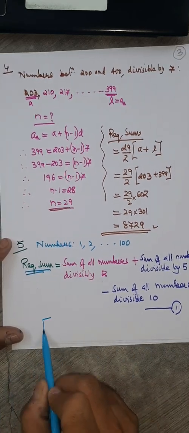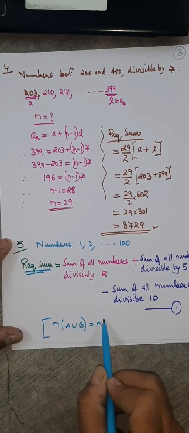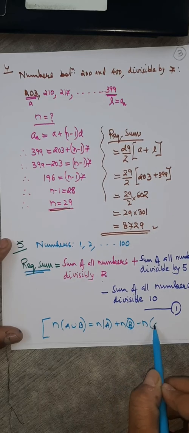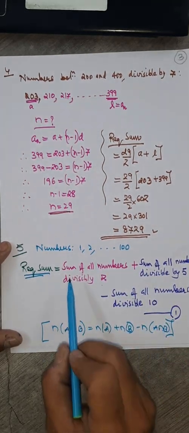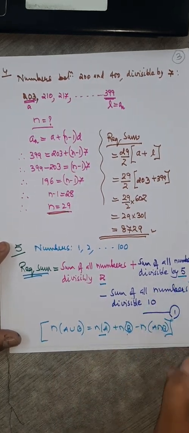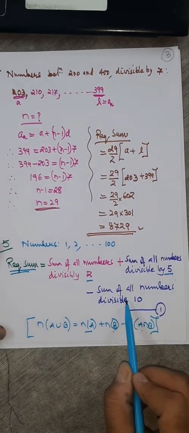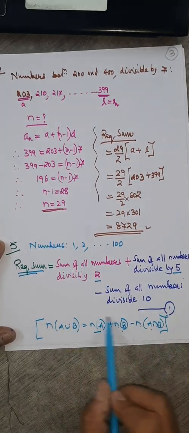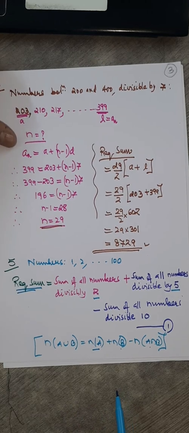I'll remind you, n of A union B is n of A plus n of B minus n of A intersection B. I hope this is clear to you. N of A means numbers divisible by 2, n of B means numbers divisible by 5, minus the intersection means both, all numbers divisible by 10, right? I'm emphasizing this is nothing but that union formula from sets.